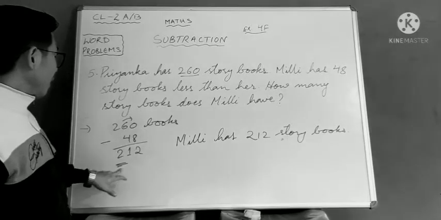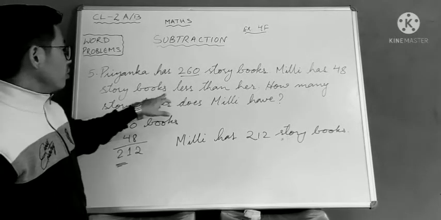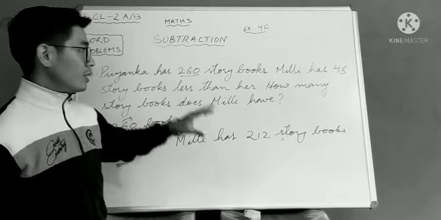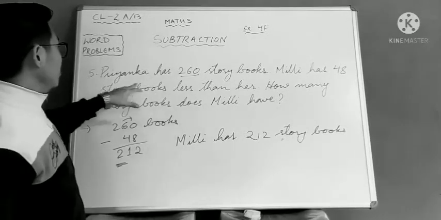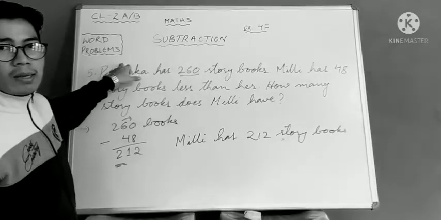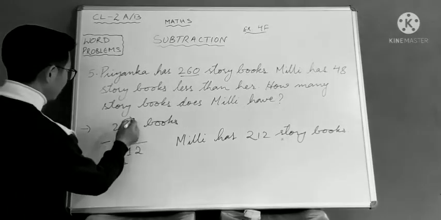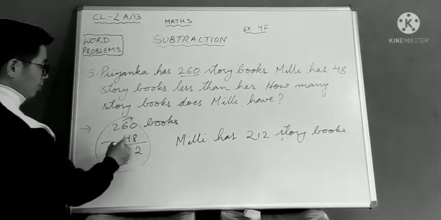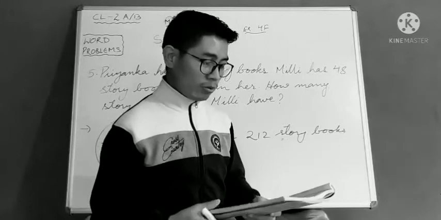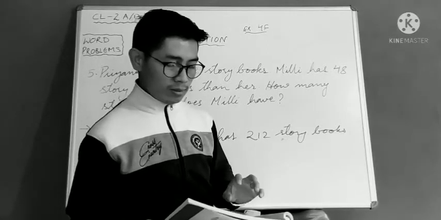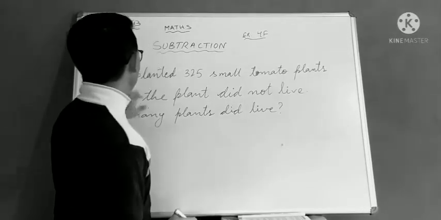So Millie has 212 story books, which is 48 story books less than Priyanka. Okay, so just do this only. So let's move on to the next question.